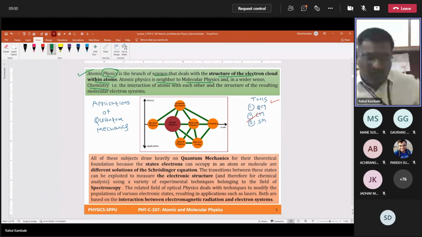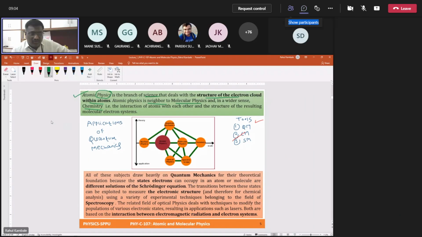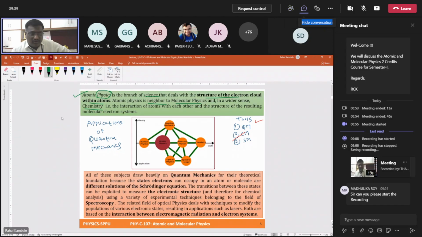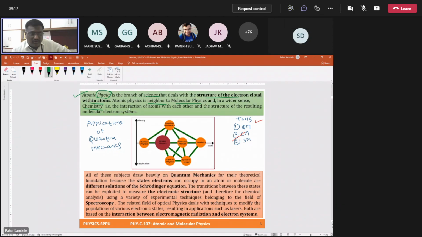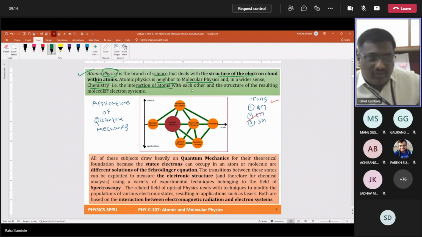As someone has given a very good answer, the interaction of electromagnetic radiation with the electrons of an atom will result in spectroscopy. Similarly, in molecular physics, it is an interaction of atoms with each other, because two are coming together and one is formed. A and B come in, then I get C, and the resulting structure will be discussed.